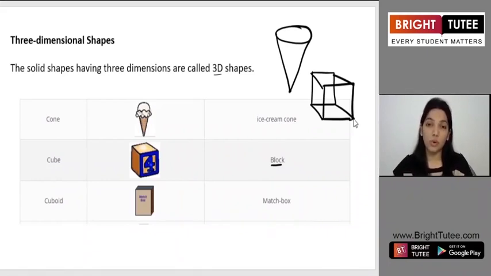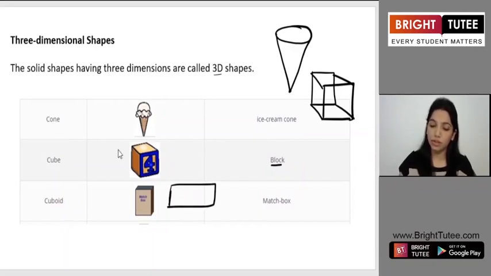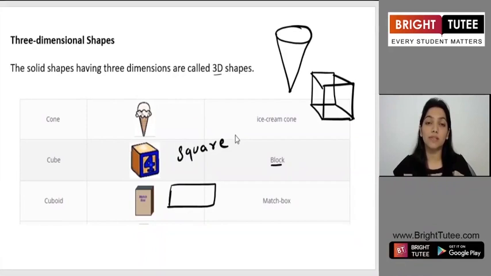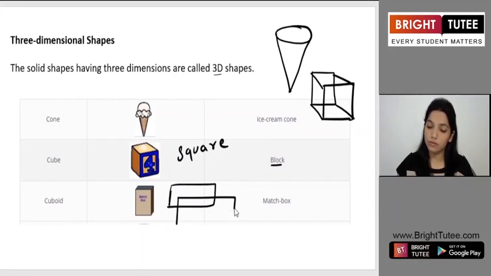Now coming to cuboid. Thinking of cuboid, you can think of a matchbox. How is it formed? It is formed when we have rectangular surfaces. Like the cube, it is made up of square surfaces: all the faces that a cube has are square faces. Coming to cuboid, a cuboid has rectangular faces.